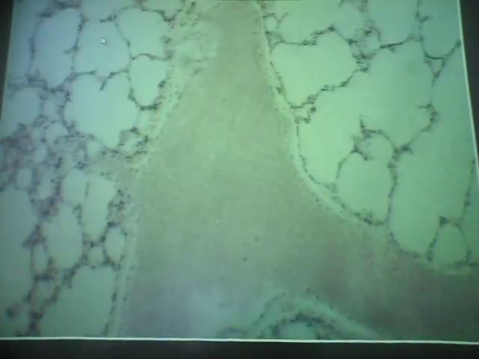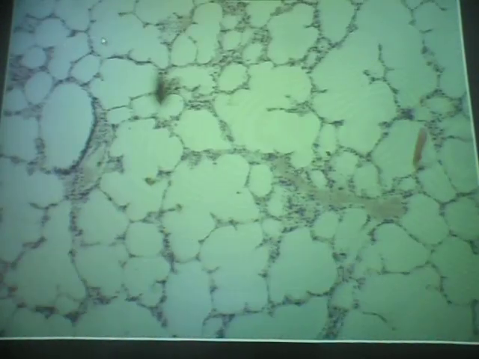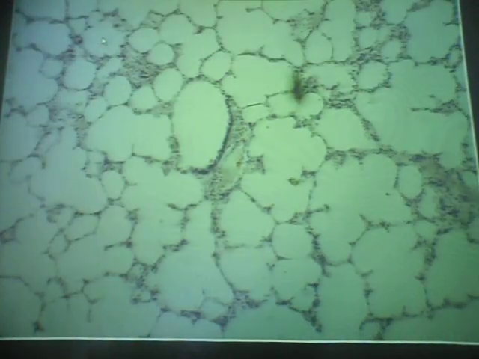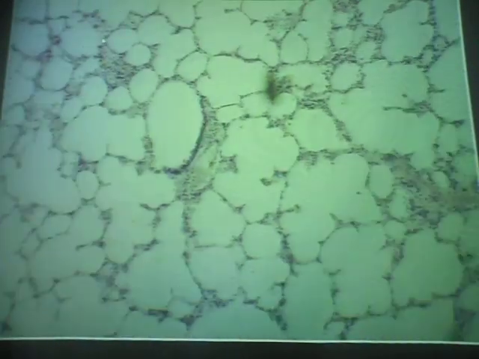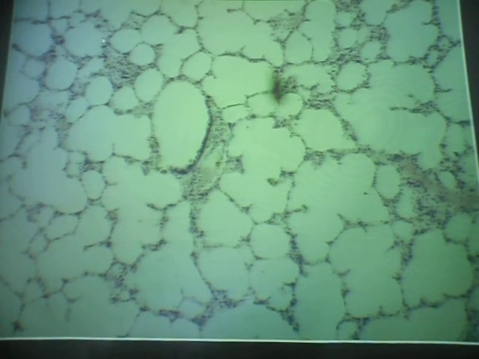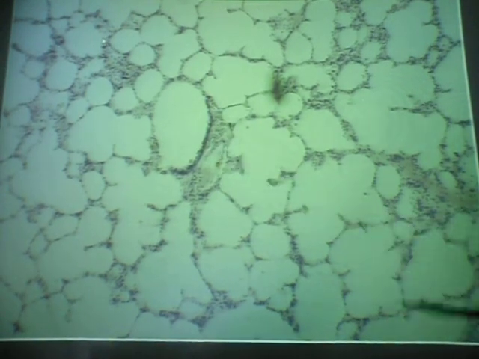So that's a blood vessel. Again, what would this be? Respiratory bronchiole again. You can see a lot of those. Okay?